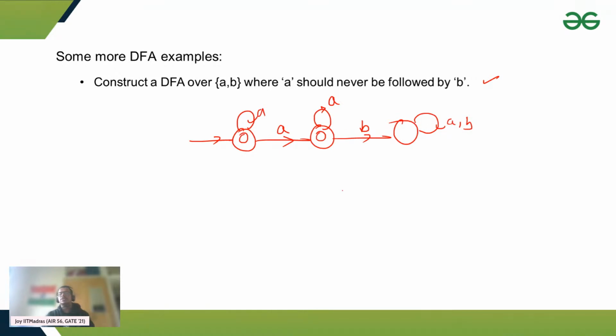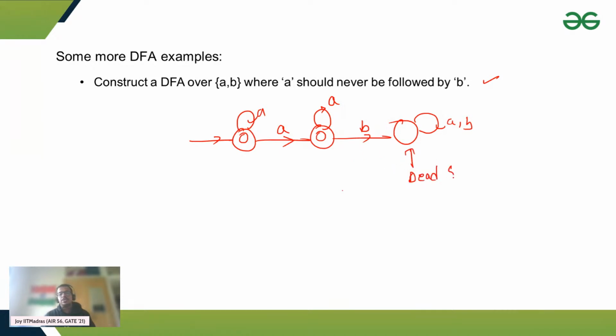A dead state is a non-accepting state, and our string will never be accepted after that. After A, if we get a B, then we go to such a state from where, whether we get A or B, we should not go back. That is why it is a dead state.